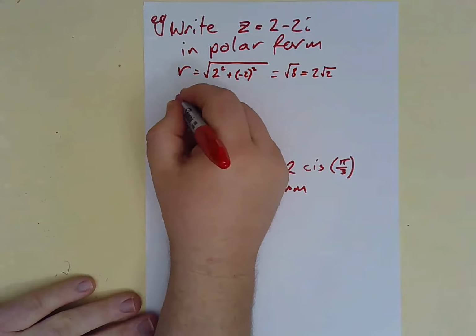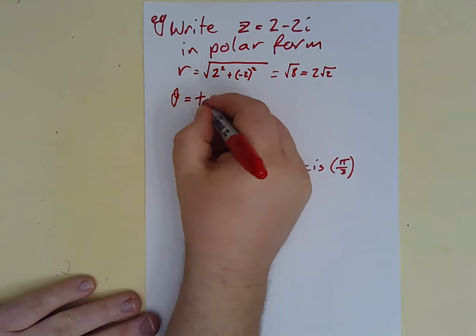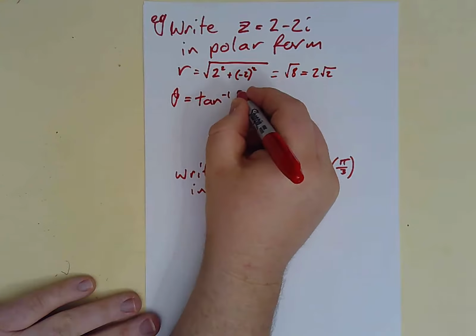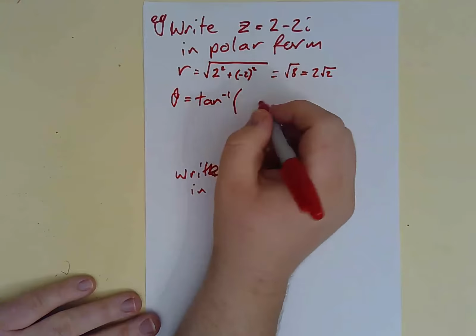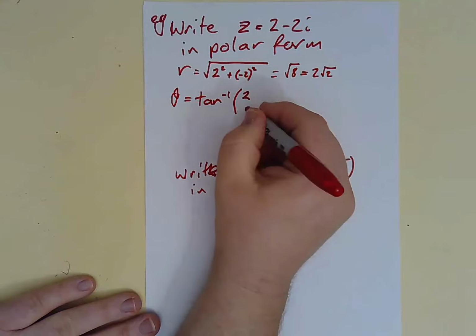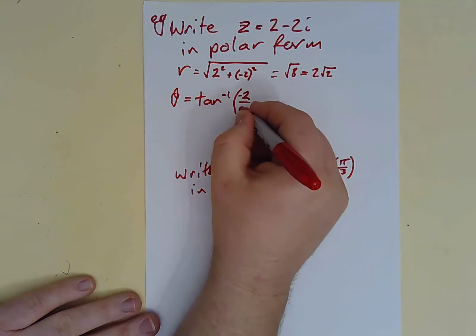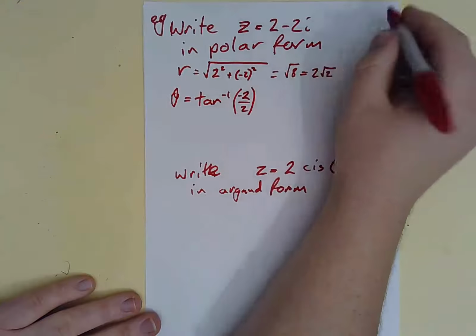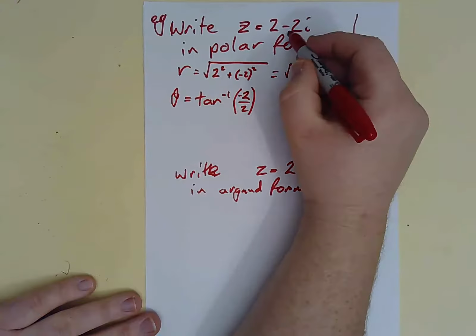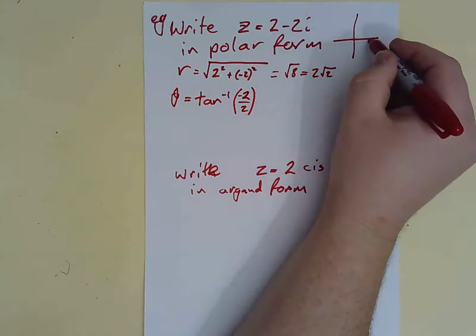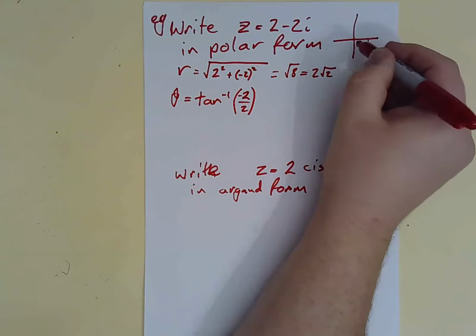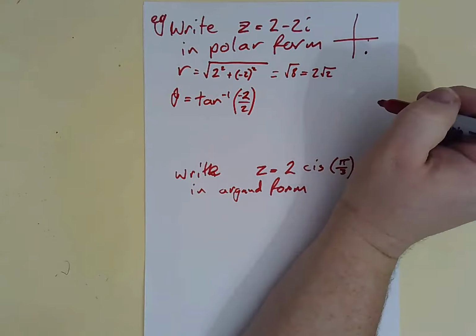Now our theta needs to be tan to the -1 of our imaginary part over our real part. Now here is where it really is handy to put this into a little diagram. So notice that this is down here, so I should be getting a negative angle.